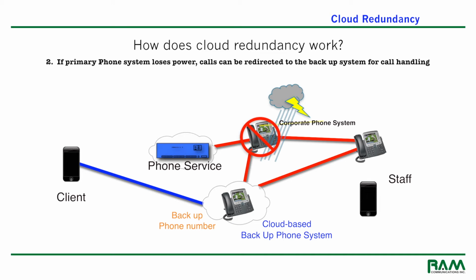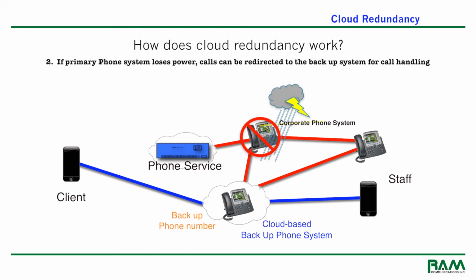During a power outage scenario, a different set of rules need to be established. Since your local phone system may be depleted or without power, the cloud system must send calls elsewhere. Depending upon your staff, you can redirect specific calls to cell phones or perhaps to extensions for home workers during a power outage.